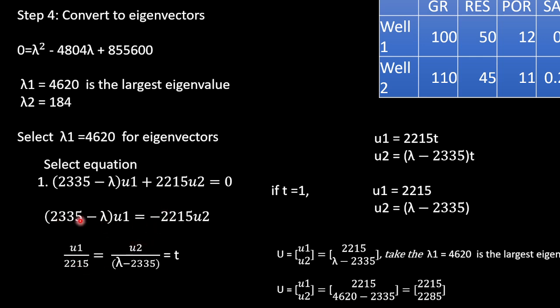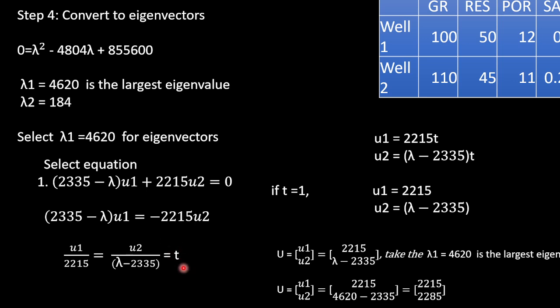So lambda minus 2335 will be there. So we can convert this to this equation. So U2 by lambda minus 2335 and U1 by 2215 is equal to, generally once you get this value, you will be getting a constant term.